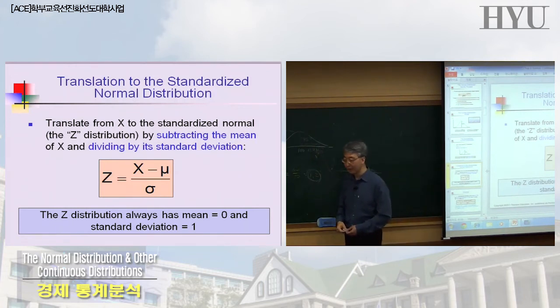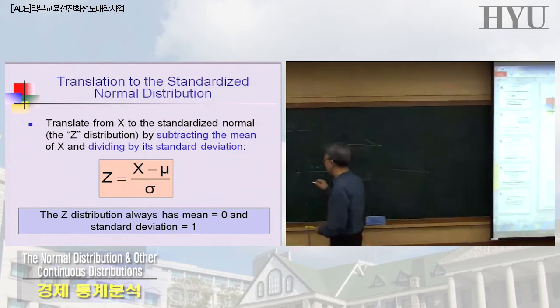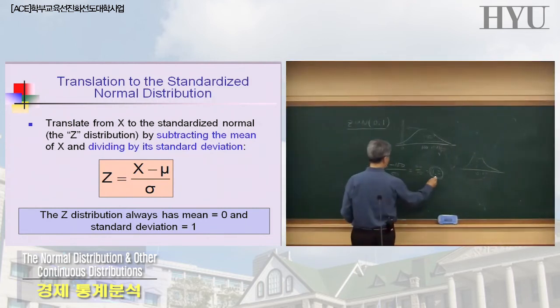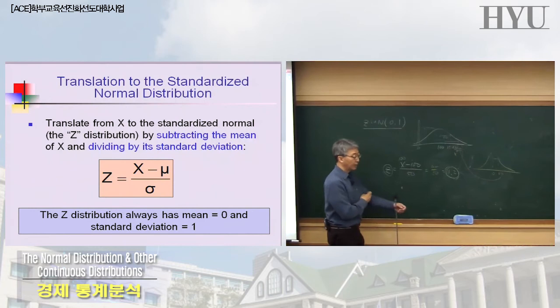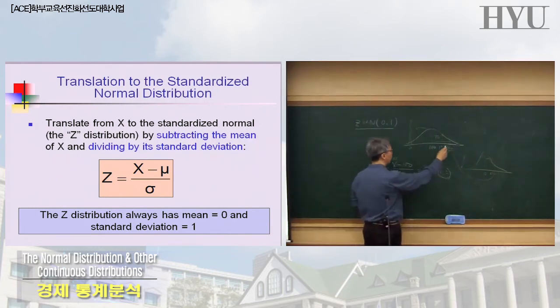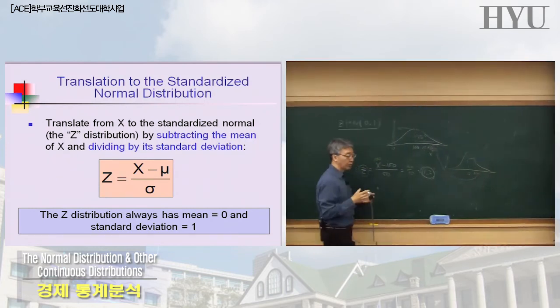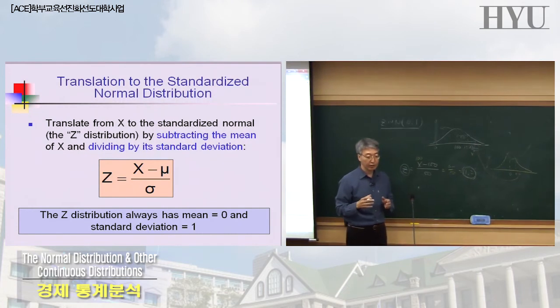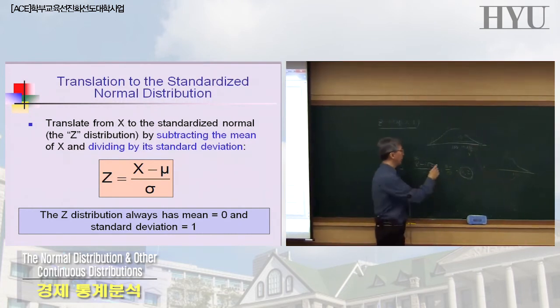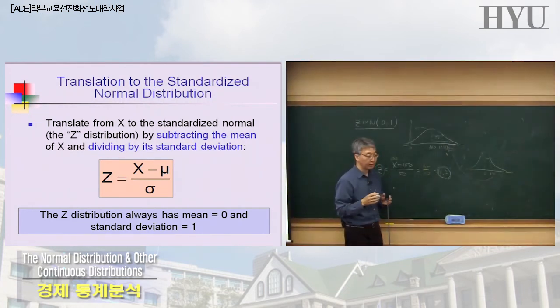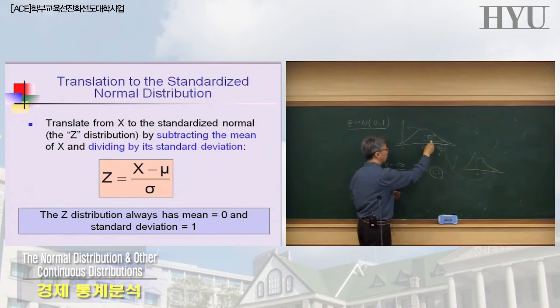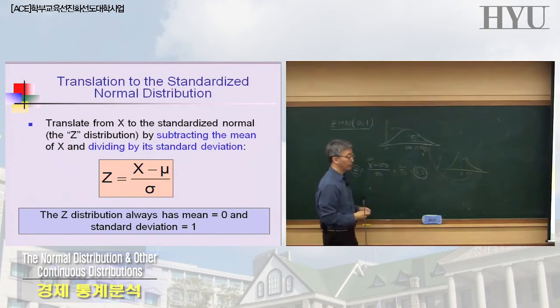Exactly. So if z-score is 1.2, that simply means this particular value, 160, is 1.2 times the standard deviation away from the mean, whatever the standard deviation was. In this case, standard deviation was 50, right?